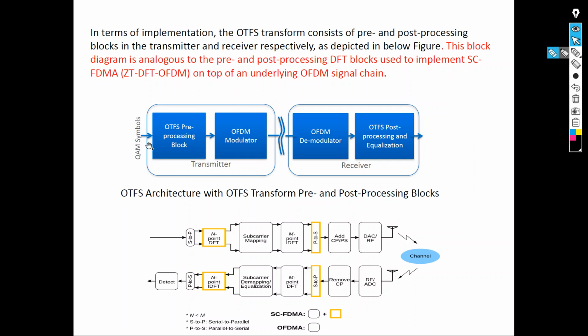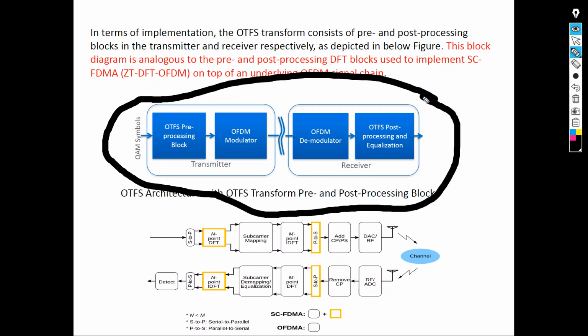But here the processing blocks are a 2D operation. Think of it like this is FFT2. You should be able to implement this. This is not difficult either. It's just normal OFDM, you already implemented it.